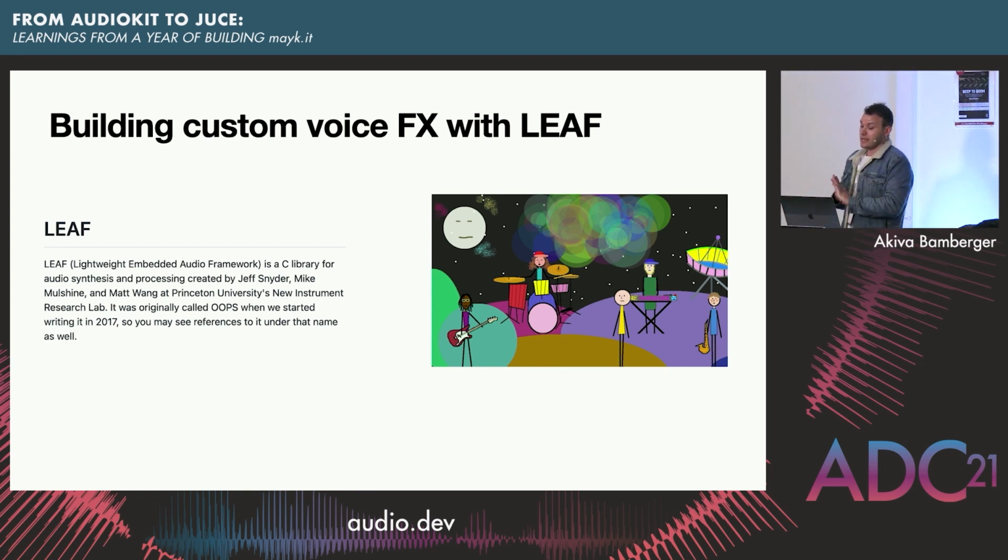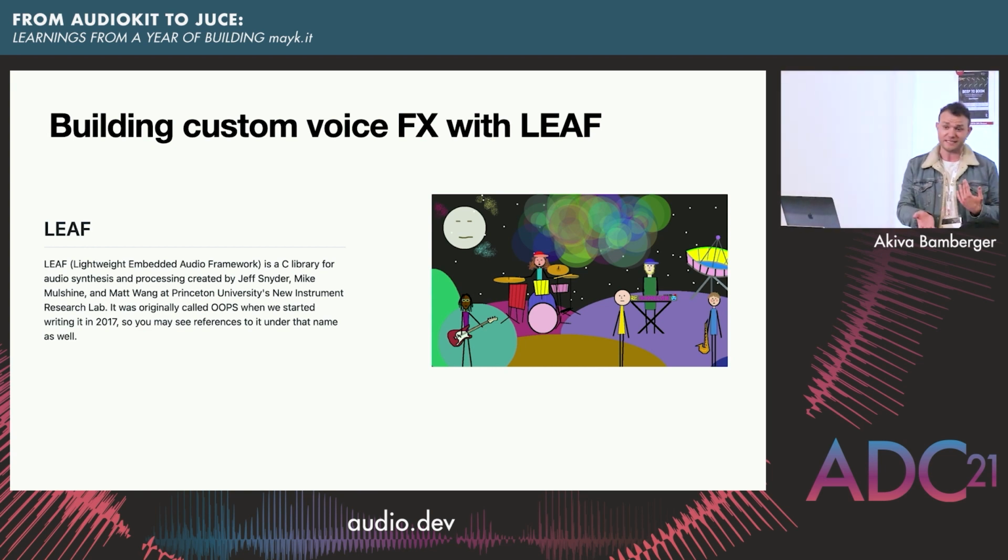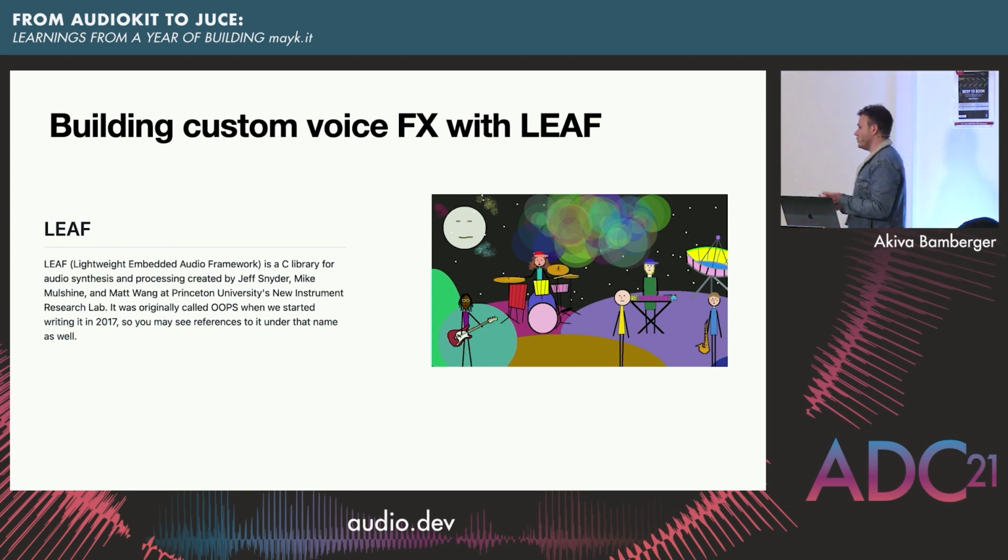And so I reached out to a really great audio programmer and artist, Mike Mulshine, who's a student at CalArts. If you haven't seen this hairdresser film of his, it's amazing. But he also worked on a library called LEAF, which is a lightweight embedded audio framework. It's a really simple set of tools written in C that make it easy to just build sample by sample effects.